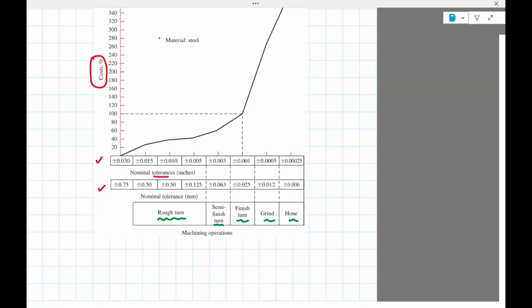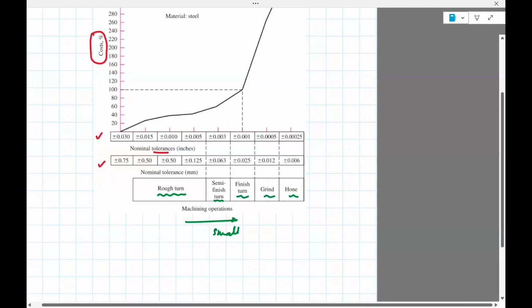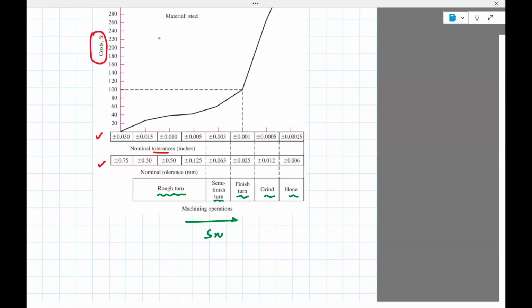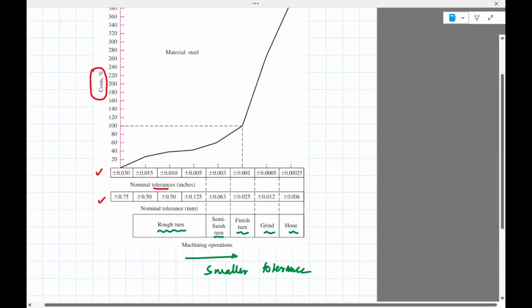And better tolerance. So as you go to a smaller tolerance, as you add in more processes, you get a better and better product, but you can see that the price actually goes up.